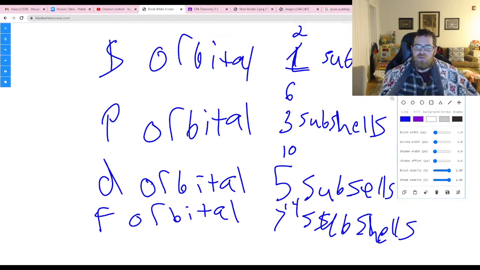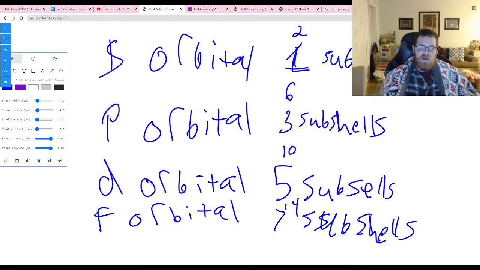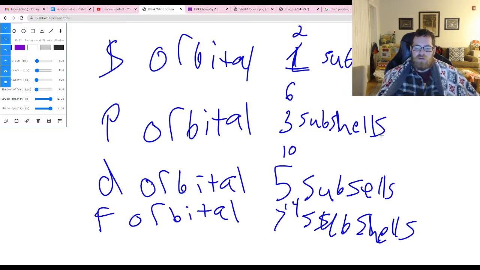Each different layer, overall shell in an atom, can have multiple orbitals. The first one you have S, then you have SP, again we have SPD, and then you have SPDF.